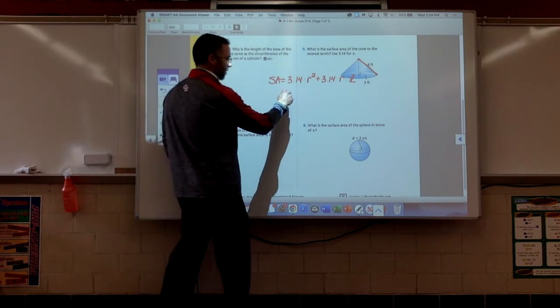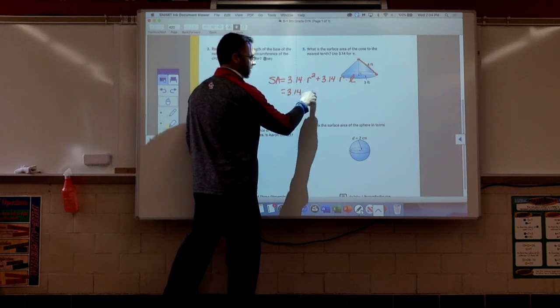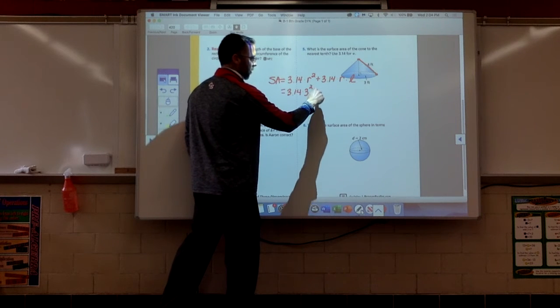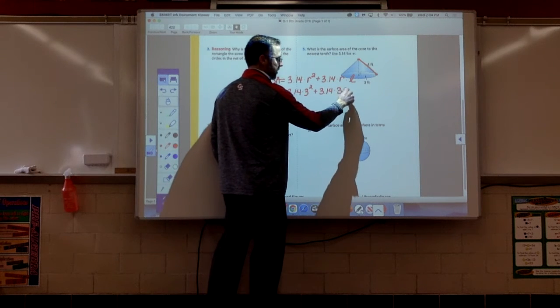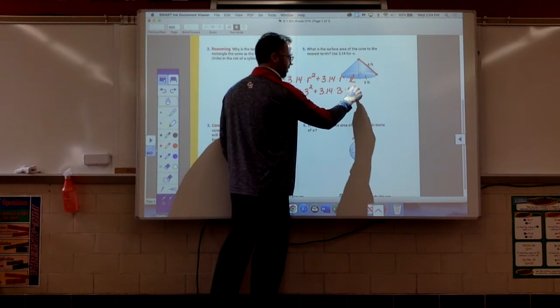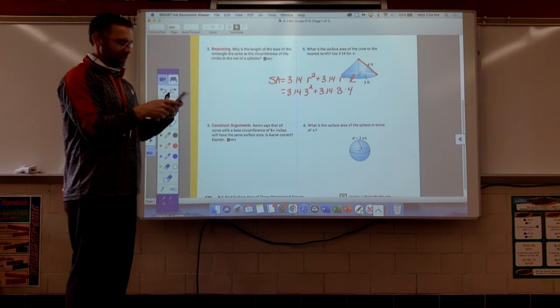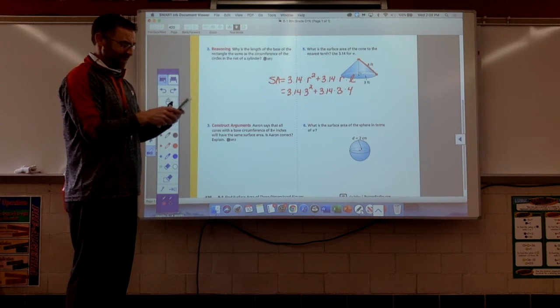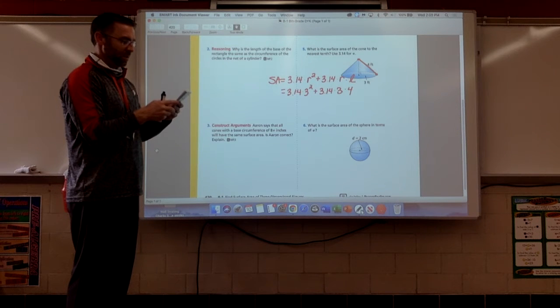Now let's plug in what we know from the diagram. Radius squared. The radius is 3, so I put a 3 in there for r. 3.14 times the radius, 3, times the slant height. Slant height again is 4. Now type that expression into the calculator, press enter, and that's it. 3.14 times 3 squared plus 3.14 times 3 times 4.